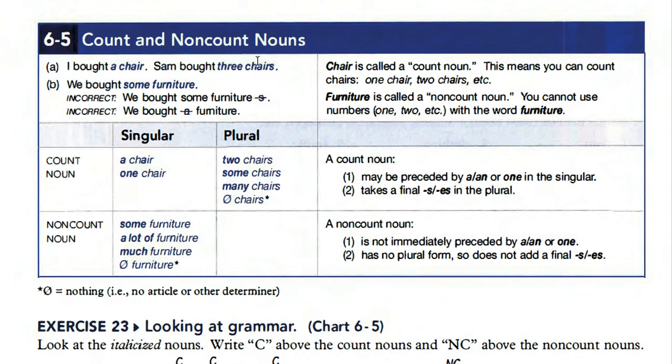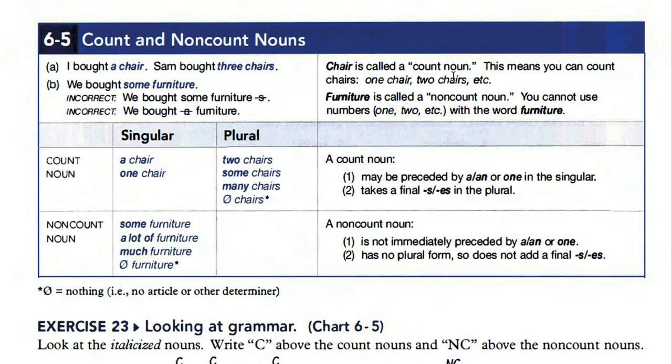So we can understand that the word chair is countable, because we can add S to it, making it singular or plural. Chair is called a countable noun, as we can give plurality to the word. That is the main issue of this lesson: how we can decide which word fits to be countable and which word can't be anything but uncountable.